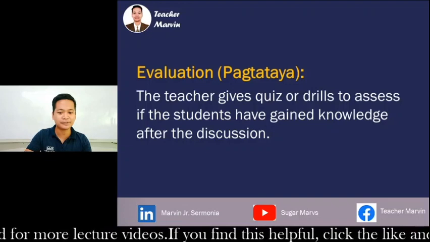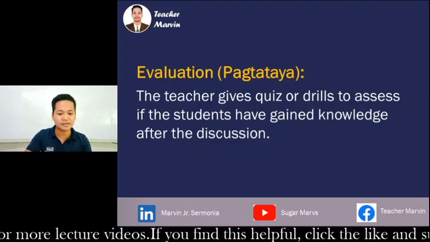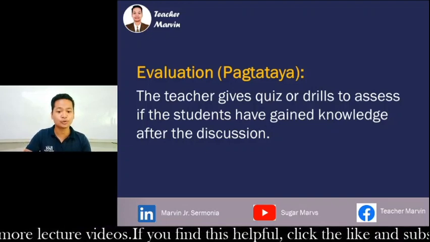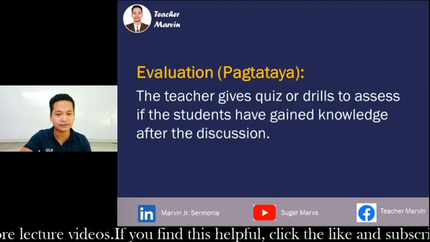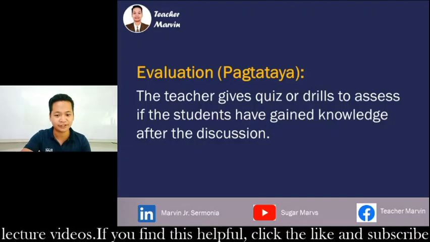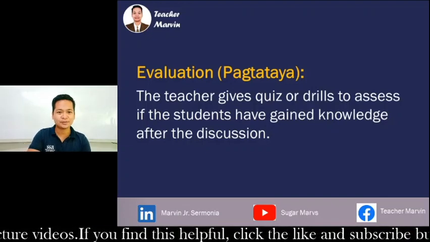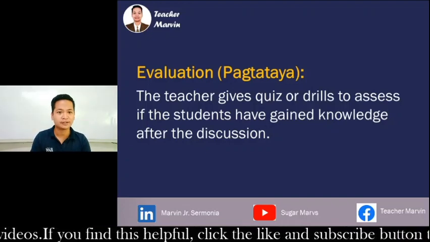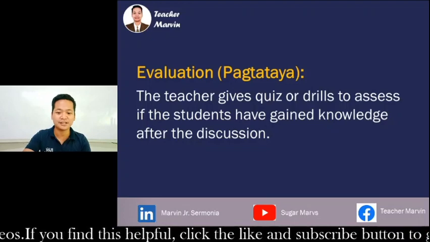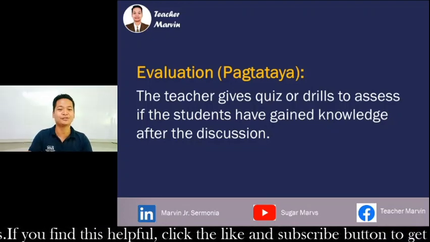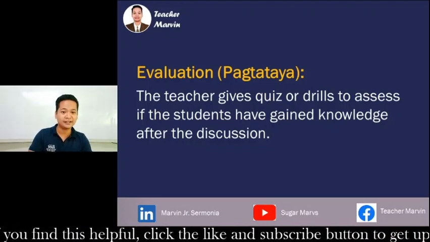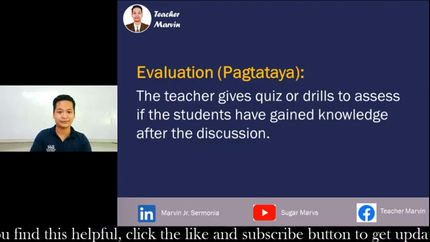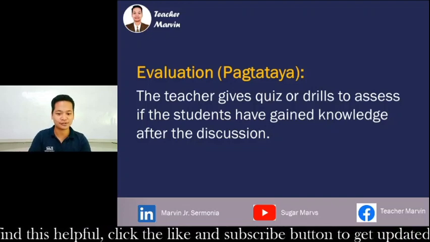So whatever you will be giving to your students, it must be a vehicle for you to know if the students achieve your objective. Ganun po yun. Okay? So, pag magbibigay kayo multiple choices, enumeration, essay, pwede yun. Okay? But, it must be connected to the objective. Yun yung always may consider. Okay? And of course, the ability of the children. Kung kaya ba nilang gawin ito, and so on and so forth.